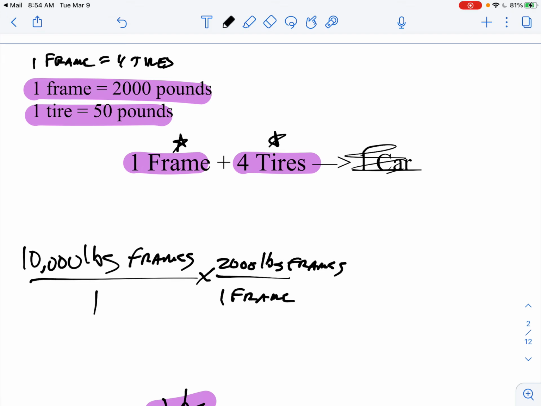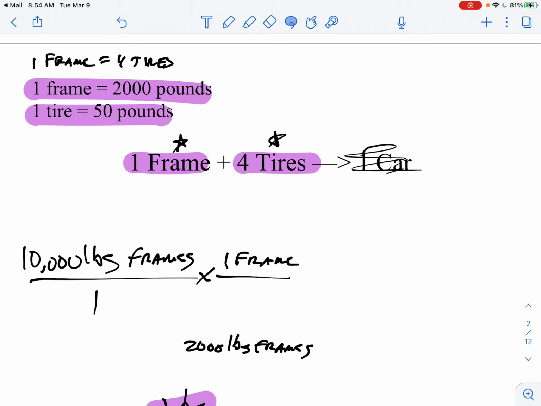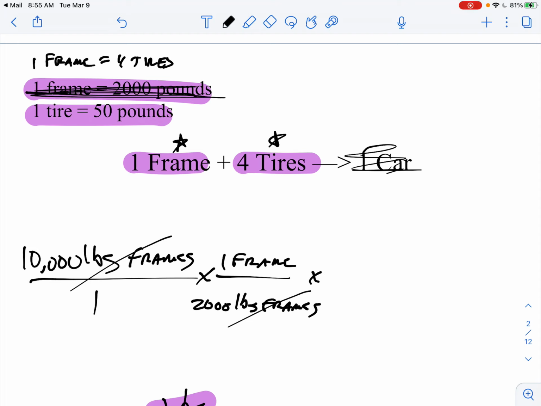I put it the wrong way, but I noticed it as soon as I went to do it, so I just take this down here and flip it like so. So I have 2,000 pounds of frames that cancel out my pounds of frames up here, and I have used that equation. Now I'm going to multiply this by one frame down here and 4 tires up here so that my frames cancel, and I've used this equation.